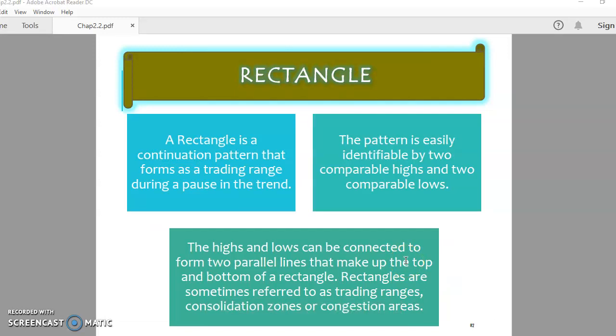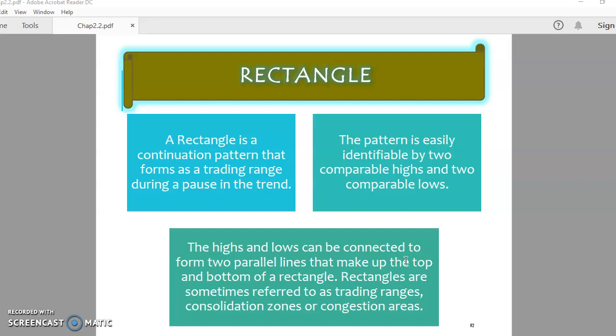This one is a rectangle. So rectangle is another continuation pattern. If you remember, I showed you a Nestle chart. So currently they are forming a rectangle or sideways. This pattern is the easiest pattern to identify, since we are just comparing 2 points of higher price and 2 points of lower price.